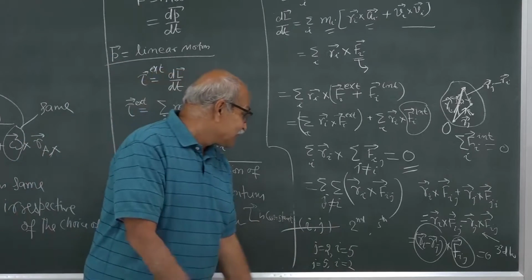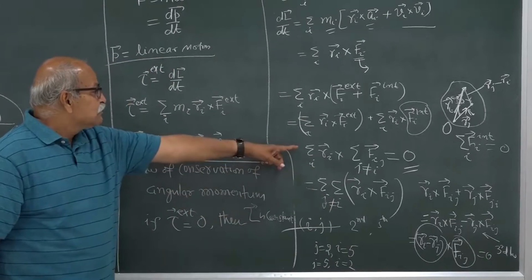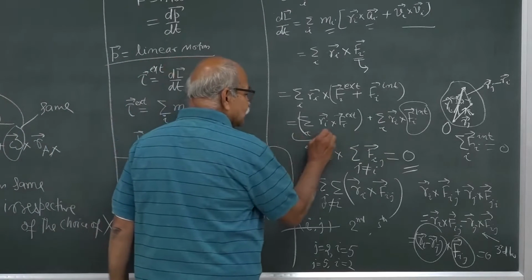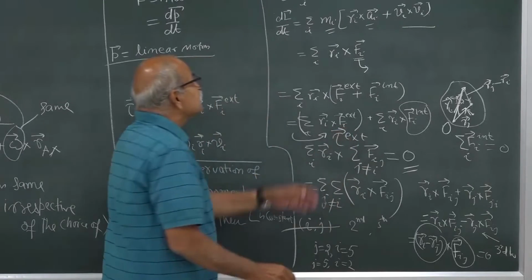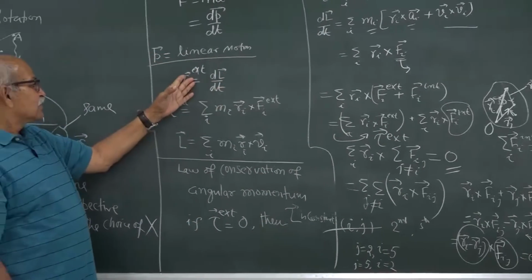This form of Newton's third law is needed for this being 0. If this is 0, then it is fine. This whole thing is now the external torque, and then you get dL/dt is equal to torque external, dL/dt is equal to torque external.